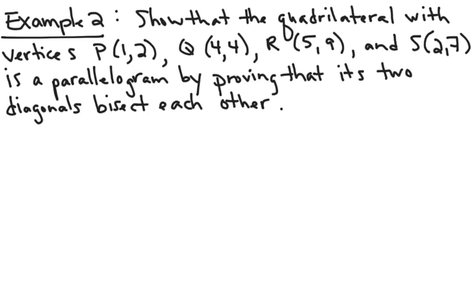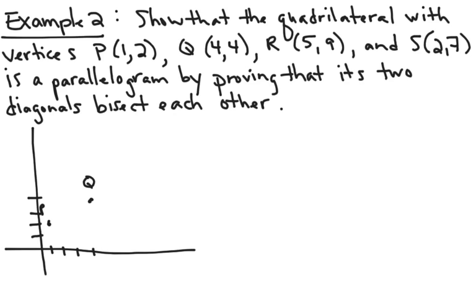So in order to show that they bisect each other, we're going to have to show that their midpoint is the same. So I'm going to draw a really quick sketch just because it helps out. So one of our points is at (1, 2). Here's P. Q is at (4, 4).